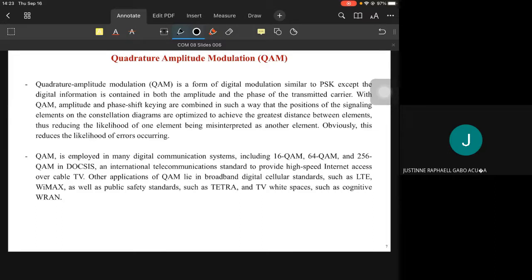QAM already starts at 8. The standard QAM starts at 8 QAM.